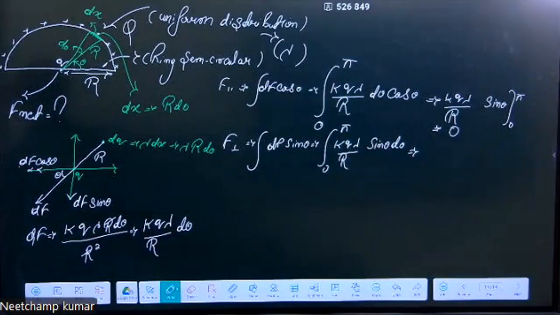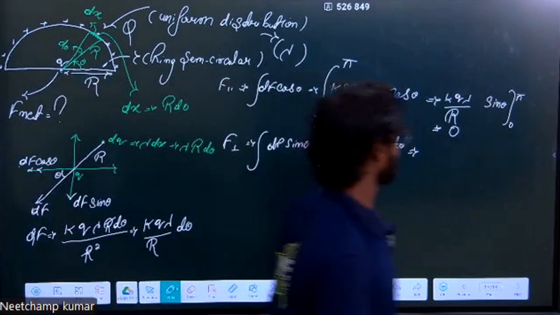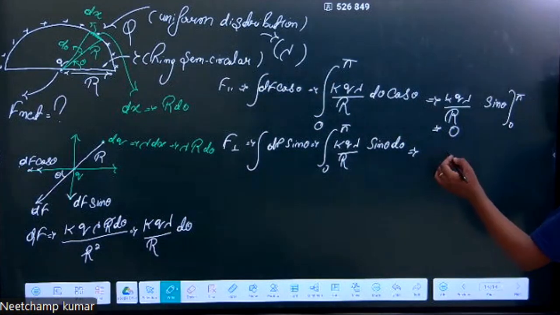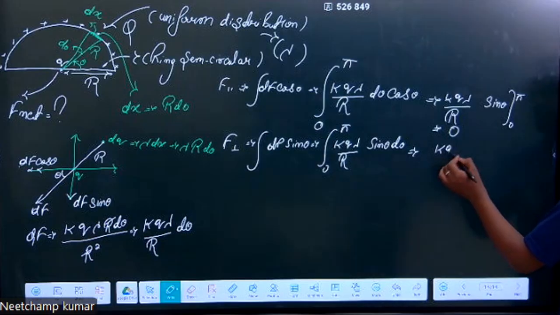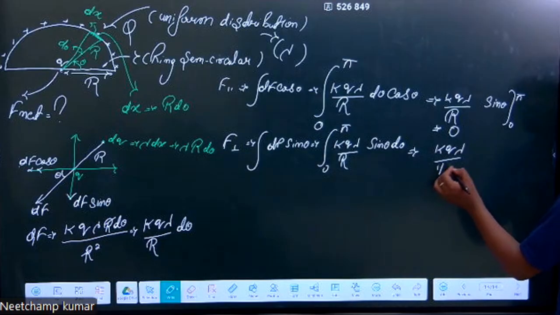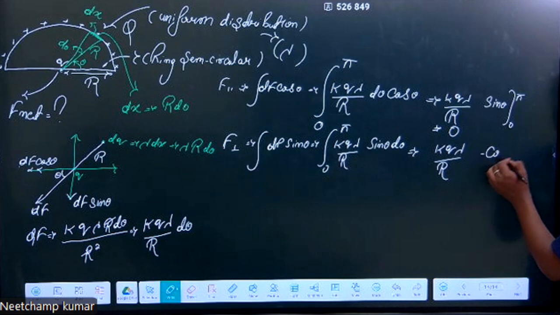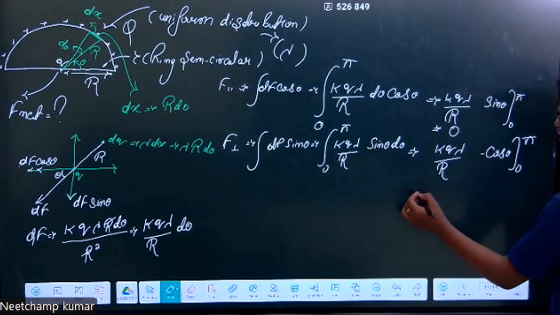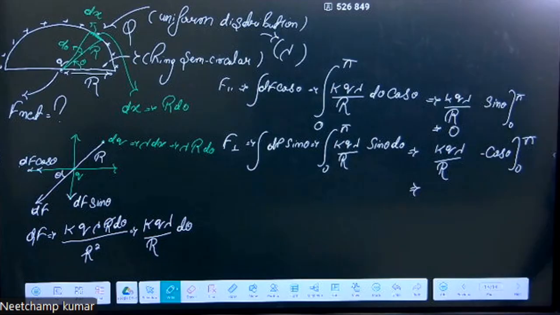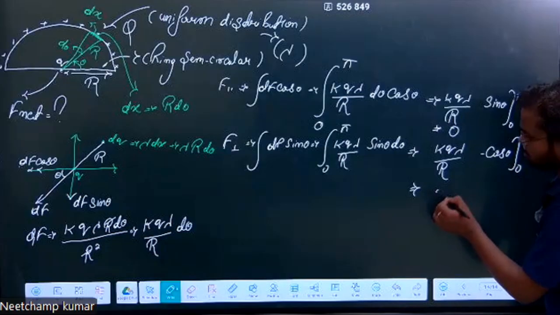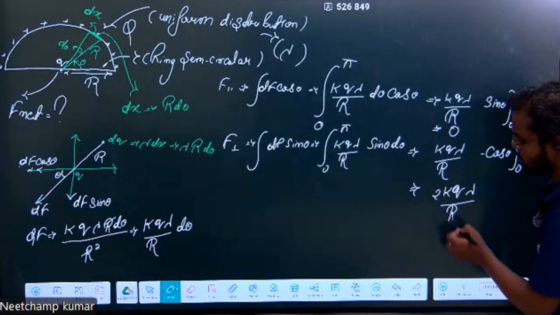The integration of sin theta is minus cos theta, right? So k q lambda by r into minus cos theta. Now the limit is from 0 to pi. So when you put the limits from 0 to pi, you will get 2 k q lambda upon r.